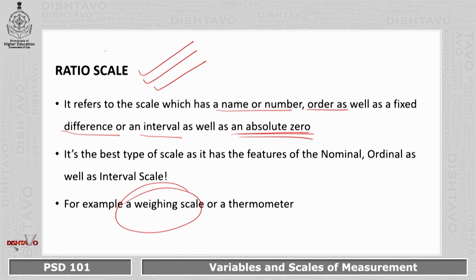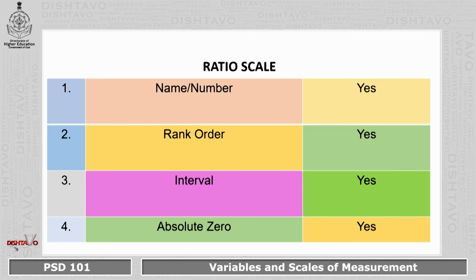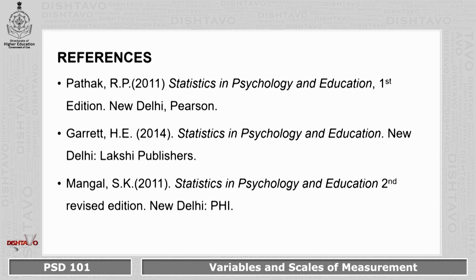This is indicative of a ratio scale. The final scale is called the ratio scale, and it is the best type of scale because it has name and number, it has rank order, that is ascending and descending order, it has interval, and also it has a zero.